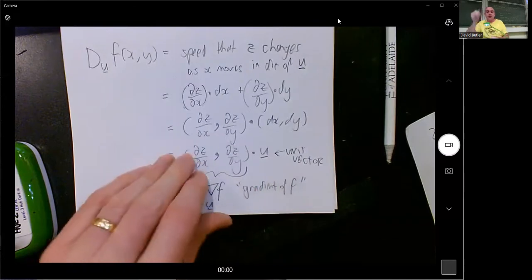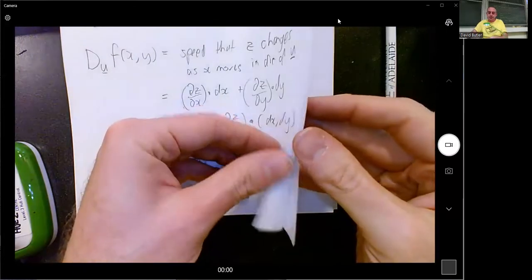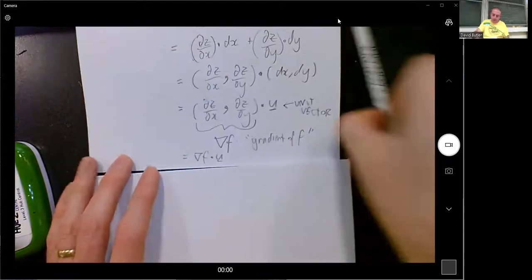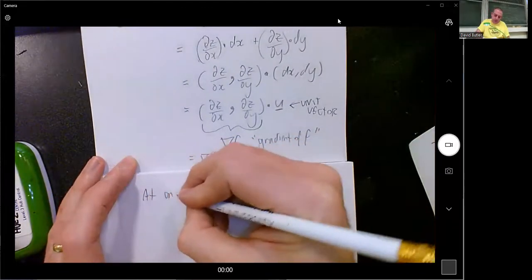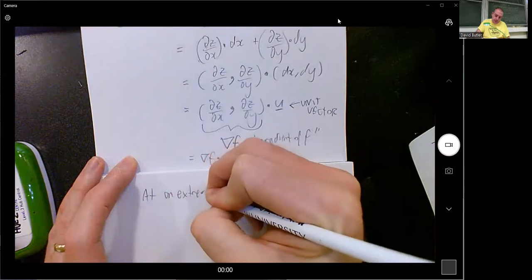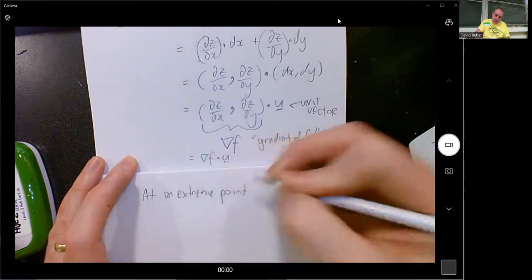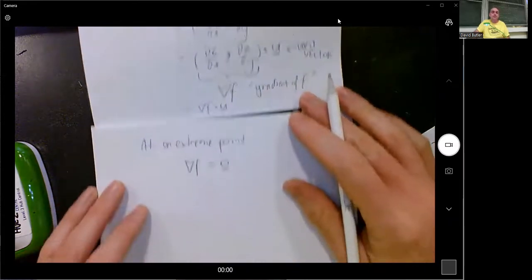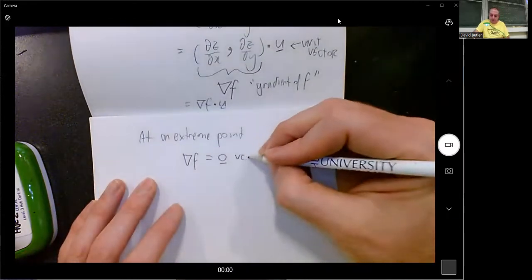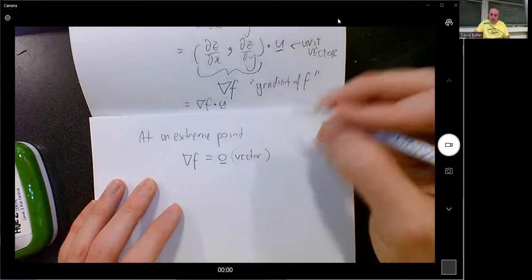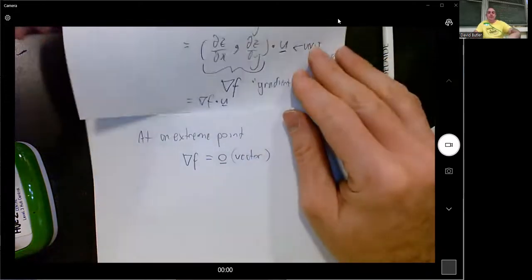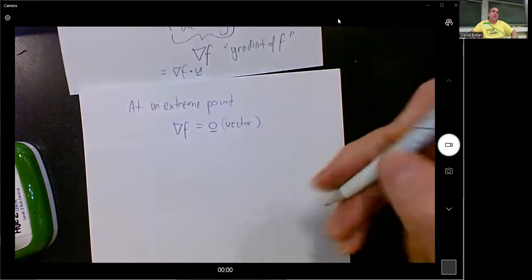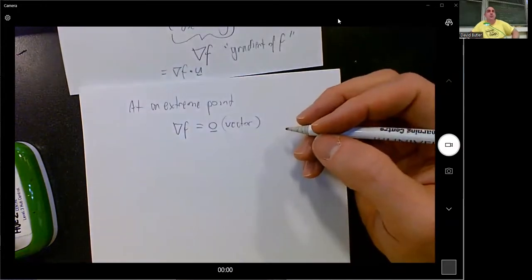And so at an extreme point, the gradient of f is going to be the 0 vector. Which means that both the partial derivatives have to be 0.